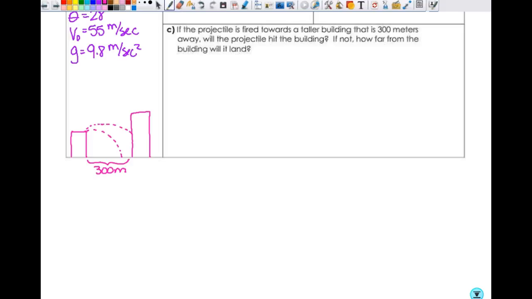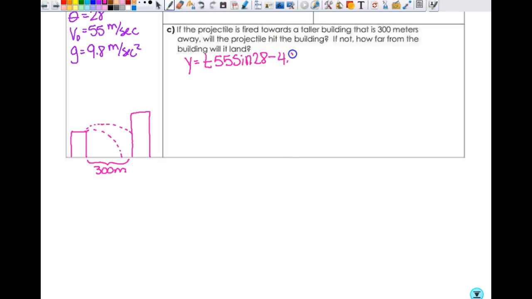So let's write this out. In order to do that, I need my y equals equation. So y is equal to t times 55 times the sine of 28 minus 4.9 t squared plus 24. We already did it in A, so I'm just rewriting it.